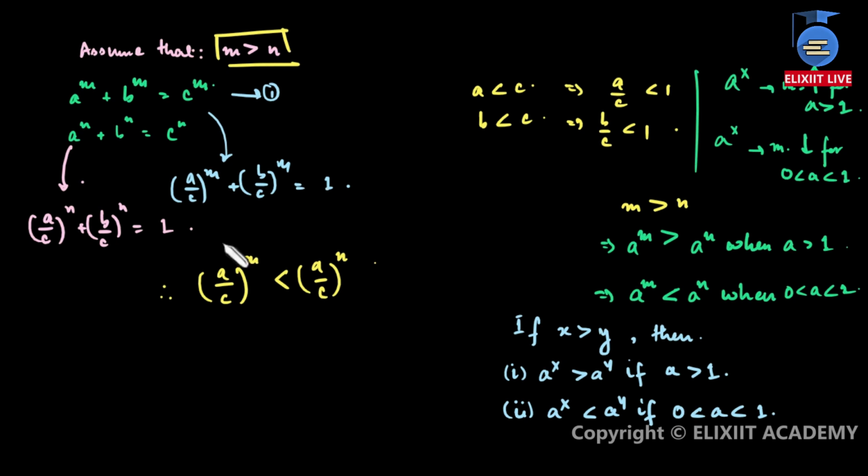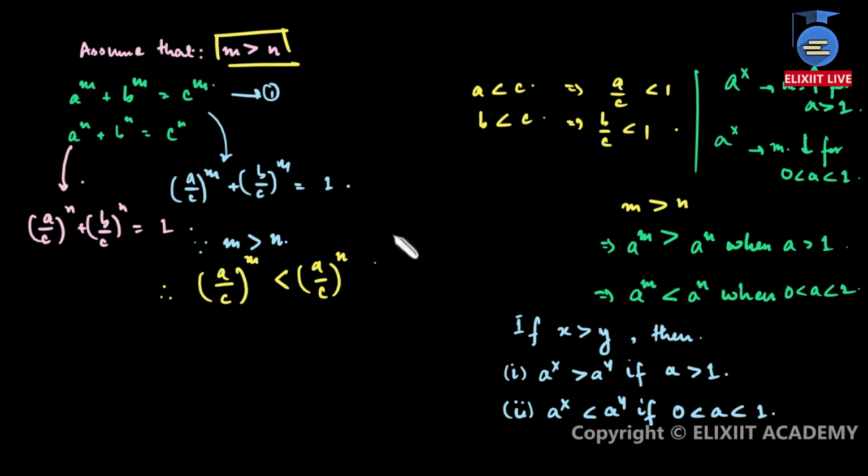So that's why we use this property. Since m is greater than n, (a by c) whole to the power m is less than (a by c) whole to the power n, because a by c is a proper fraction. There are certain restrictions here: it's mentioned that a, b, c are all positive real numbers, so a by c is strictly greater than 0.